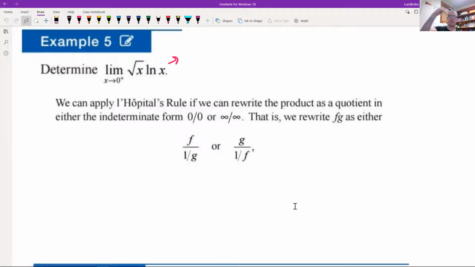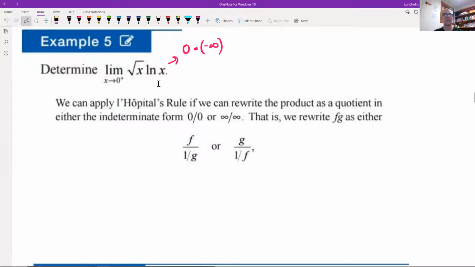Square root of x would approach 0, and the natural log of x would approach negative infinity. So we're in this alternative form that is actually indeterminate, where we've got 0 times some form of infinity.